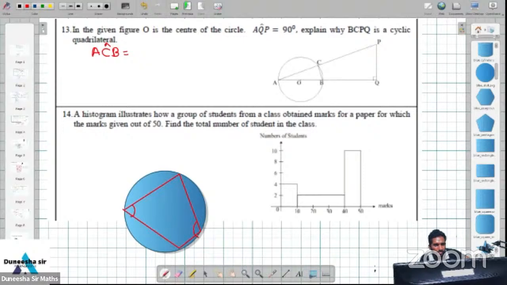ACB how much? ACB කියන එක කීයක් වෙනවද කියන්න බලන්න. Do you know ACB how much? ACB කියන එක කීයක් වෙනවද?